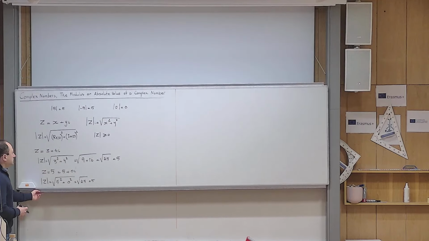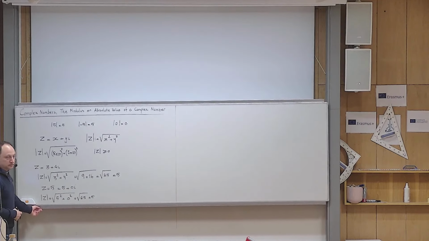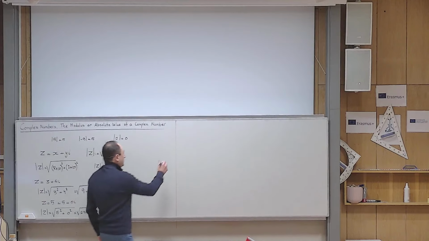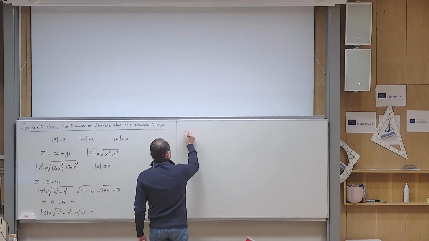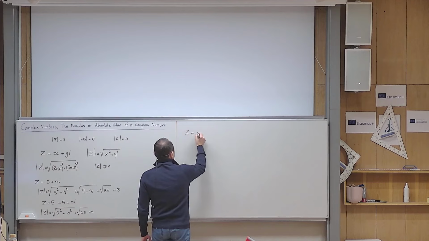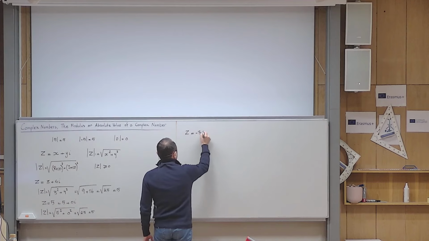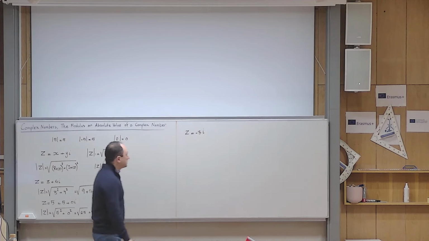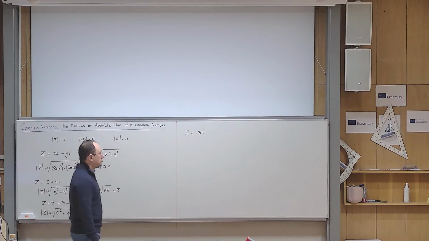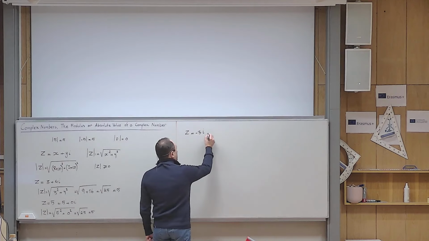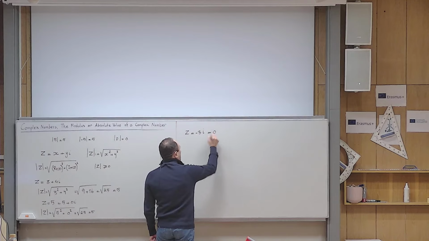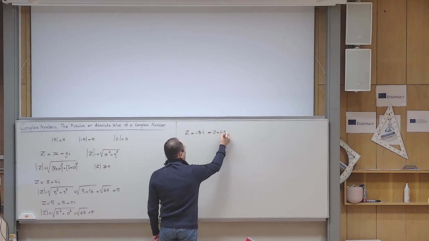Any questions so far? Okay, so for example, if I give you this complex number, let us write minus 3i. If I ask you what is the absolute value of this complex number, you need to write it in a standard form first, so it becomes 0 plus minus 3i.